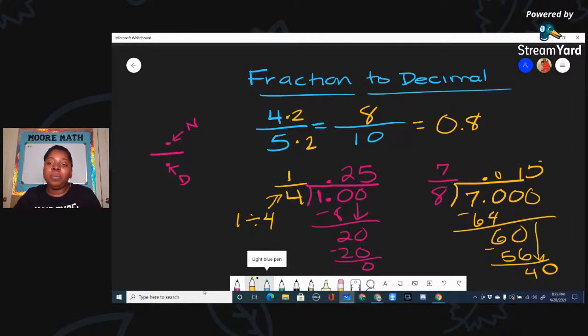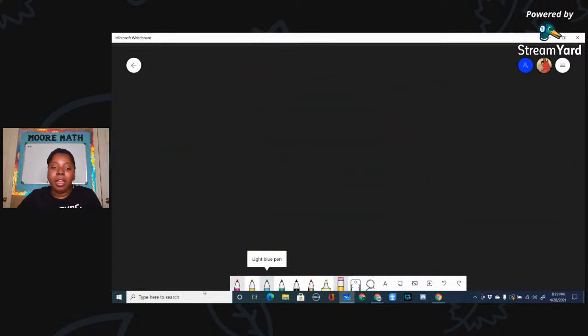Okay, so it's pretty simple and straightforward. We read the fraction as the numerator divided by the denominator. So once again, if we have 5/11ths, it's 5 divided by 11.